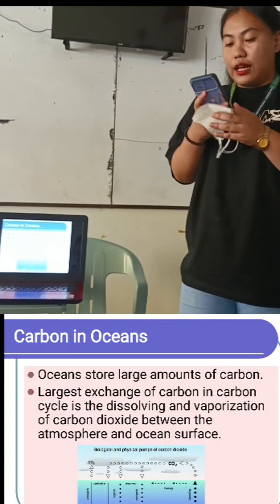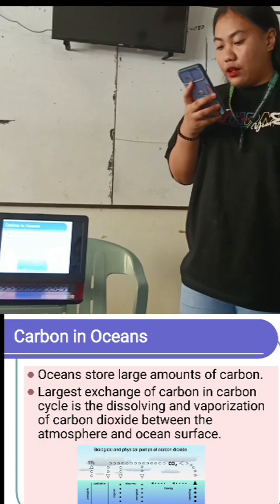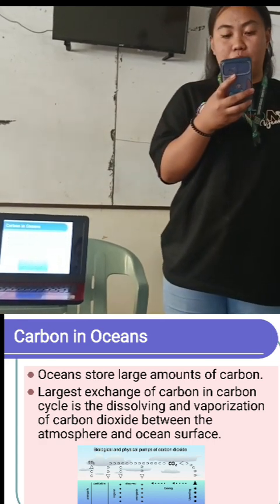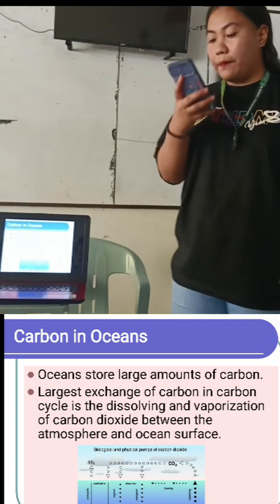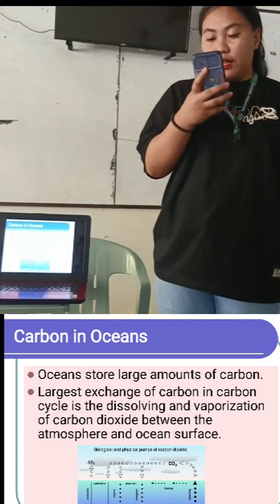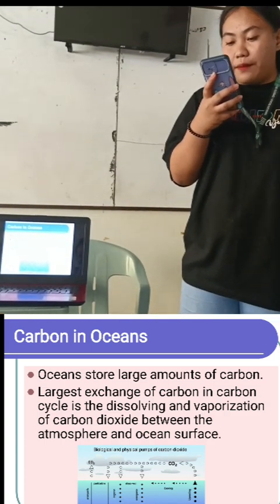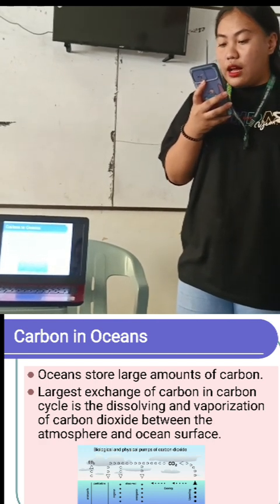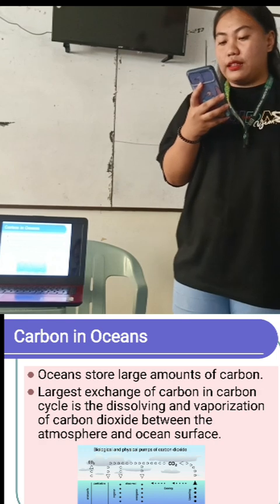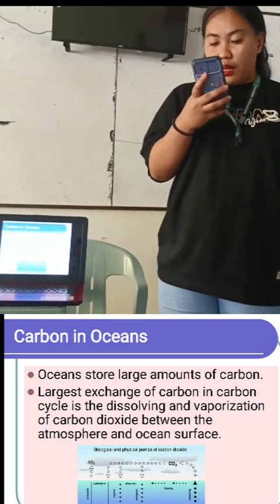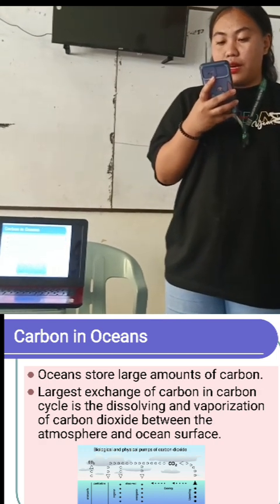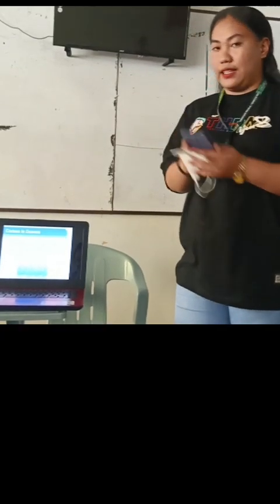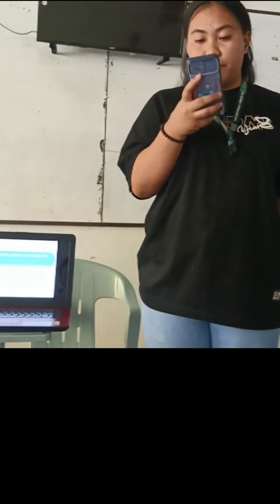Carbon in the ocean. The total amount of carbon in the ocean is about 50 times greater than the amount in the atmosphere. It exchanges with the atmosphere on time scales of several hundred years, and carbon atoms are constantly being cycled through the ocean by a number of physical and biological processes. Store carbon on ocean floor.